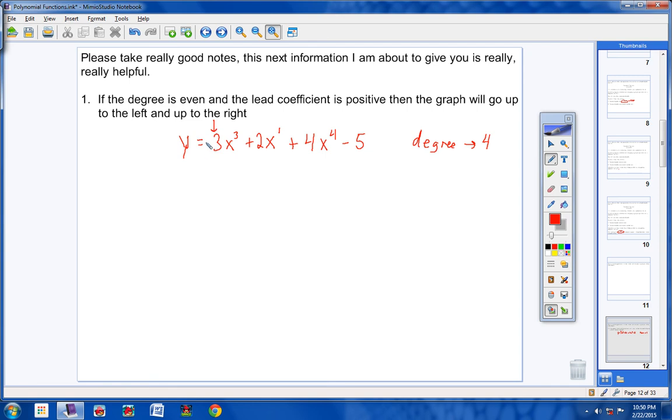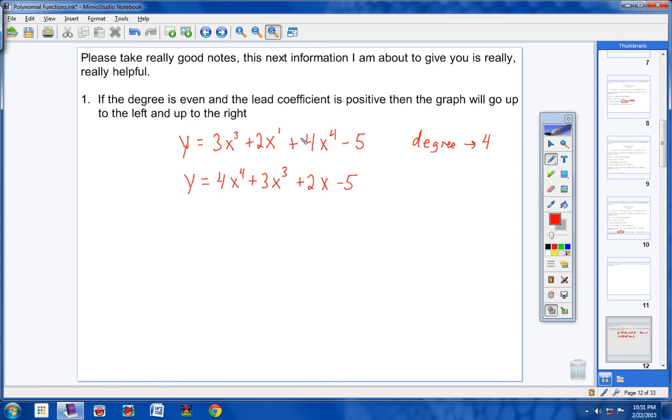Now, you might look at this and say, oh, the lead coefficient is 3 because 3 is your first coefficient. Not necessarily. You have to first write this in standard form or general form, which means you want the highest exponent first. So if this was written in general form, the 4x to the 4th power would come first, 3x cubed would come second, 2x would come third, negative 5 would be last.